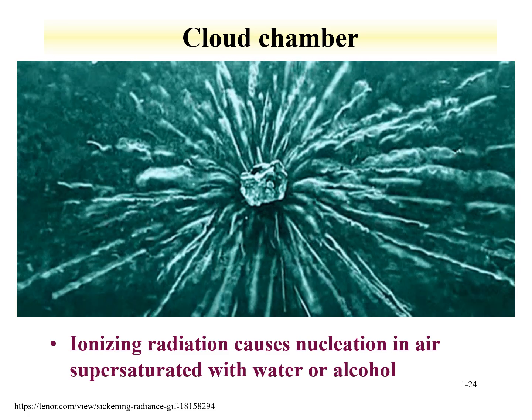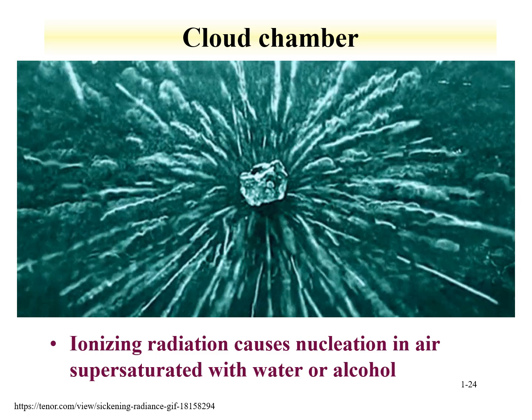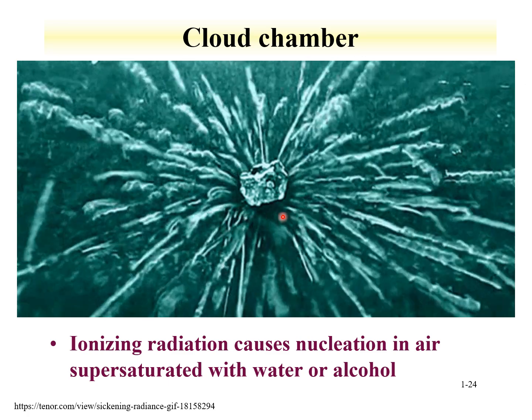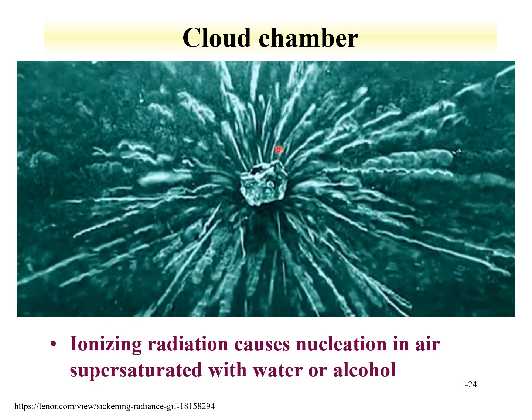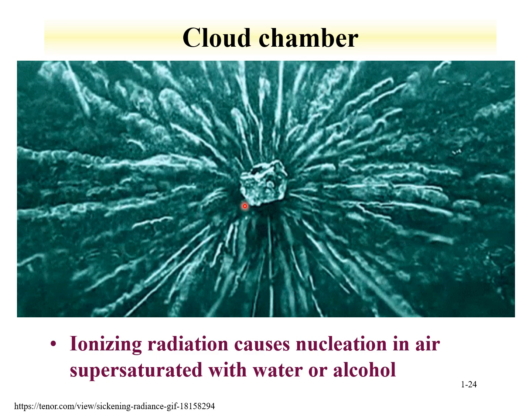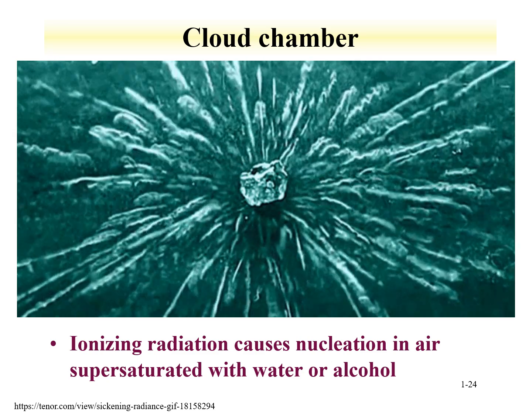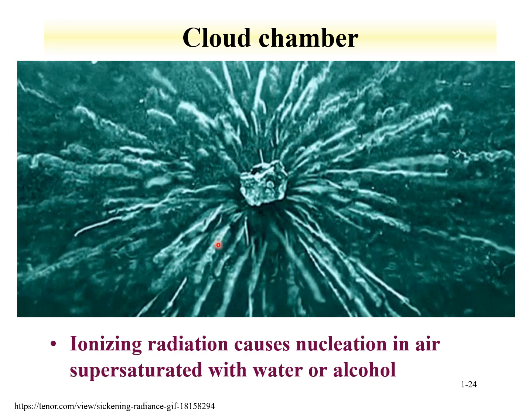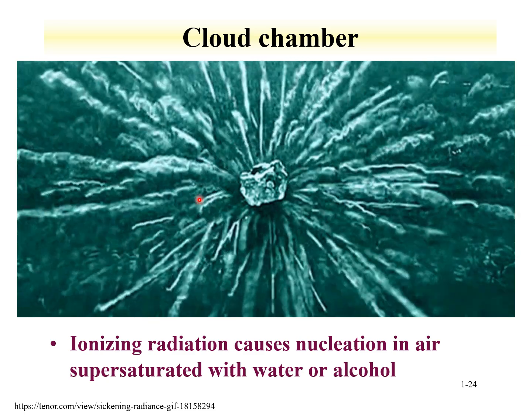And here is an example of a cloud chamber. We see a particle of radioactive material sits in a chamber that contains a supersaturated gas phase, in this case an alcohol. So you can create this by cooling an alcohol with dry ice.